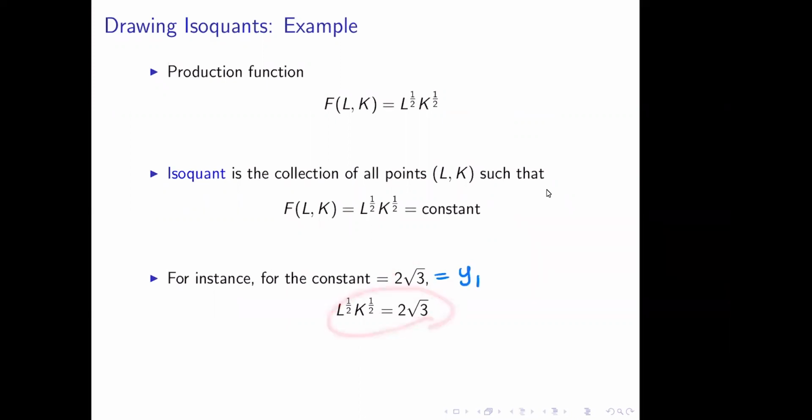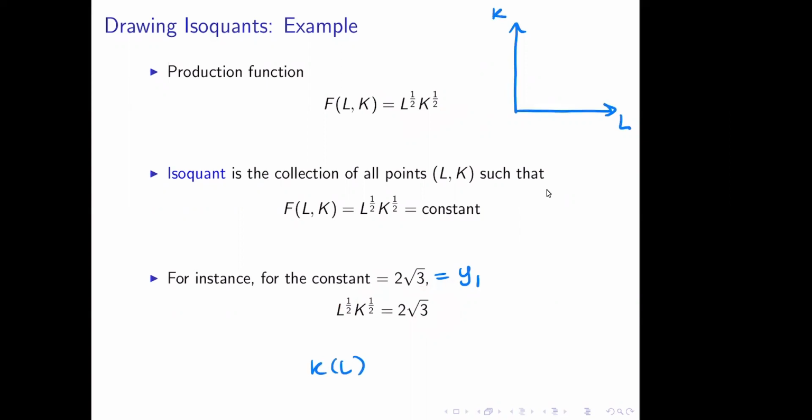We put in this production function, and then we need to derive K as a function of L, because to draw the isoquant, we need L on the horizontal axis and K on the vertical axis.